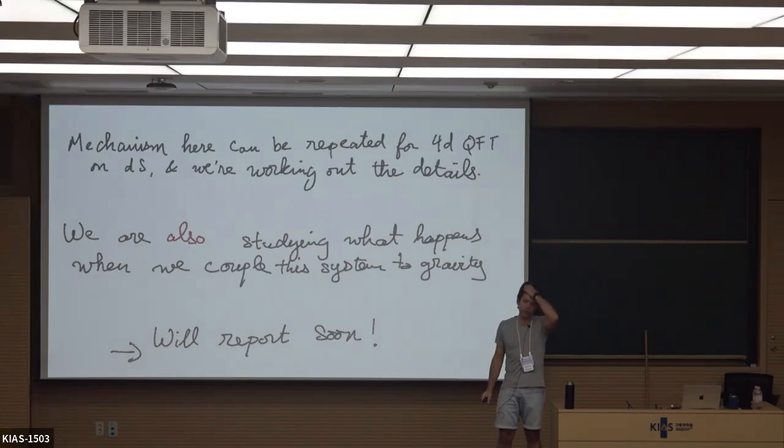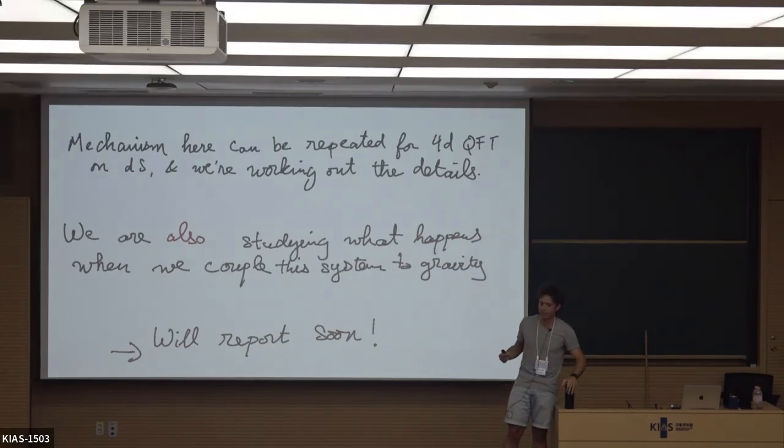The argument Shota made for these topological operators not existing because the curvatures become strong is not really a problem in 2 dimensions, because in 2 dimensions the Einstein term is topological. So really the only thing you have to confront to see this symmetry being restored by quantum gravity effects is to understand the topology changing operations. We're trying to understand that a little bit better, so we'll report on that soon. That's what I have to say.